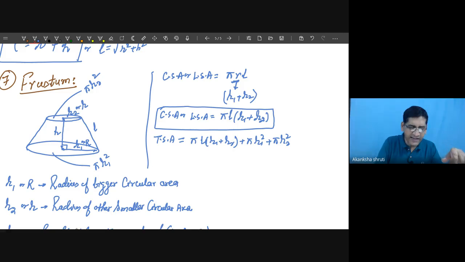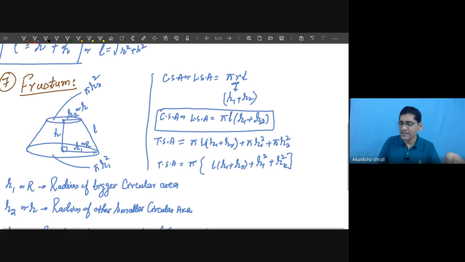So only R has to be replaced by R1 plus R2, and in the formula the two surface areas are of different radius, so we have to keep R1 and R2 separately. You may write it in compact form, taking the common factor. What is common? Only pi can be taken common. What is left is L (R1 plus R2) plus R1 square plus R2 square.